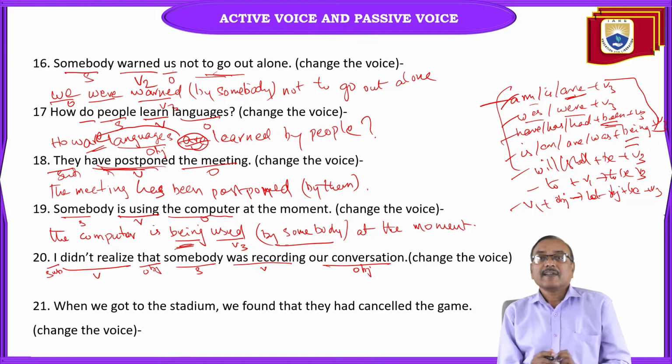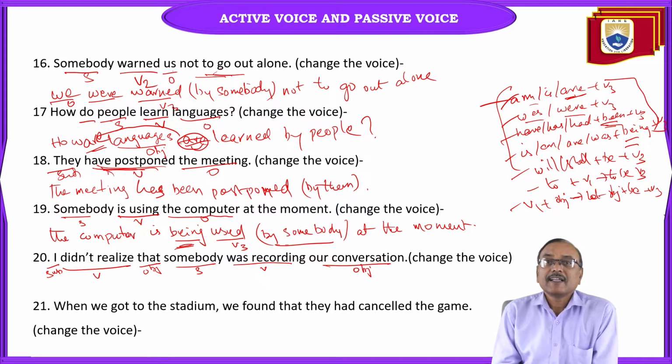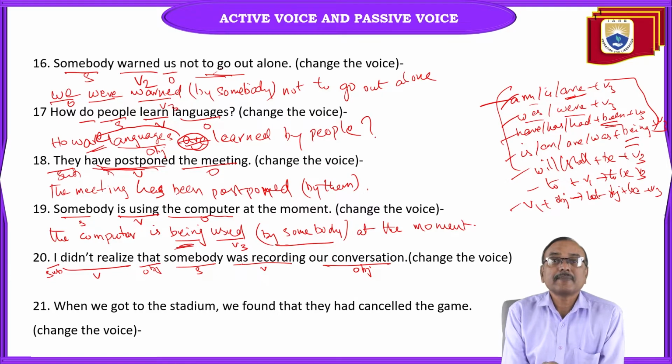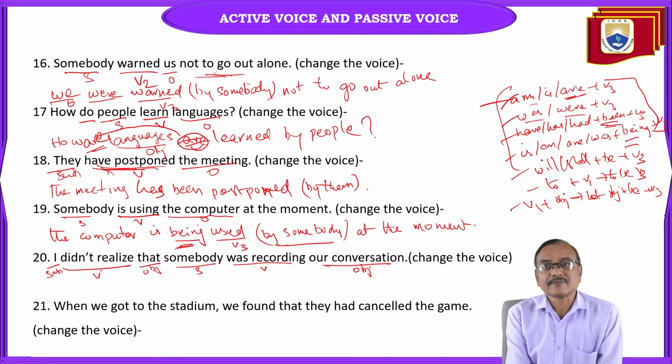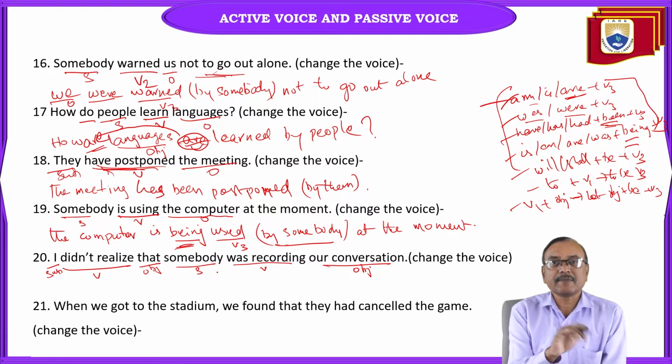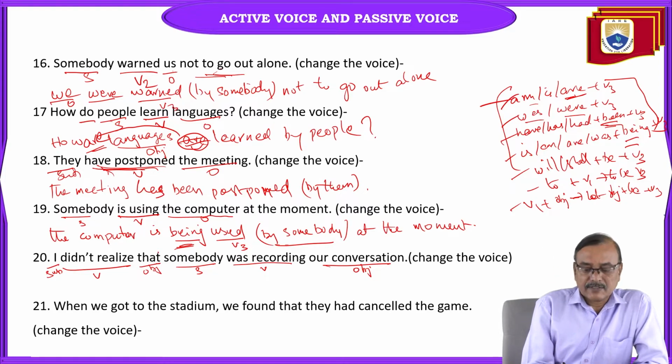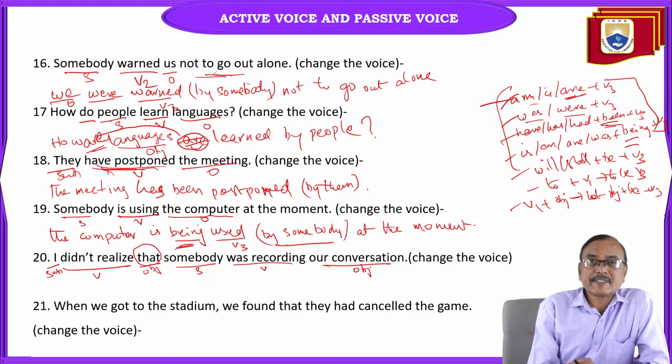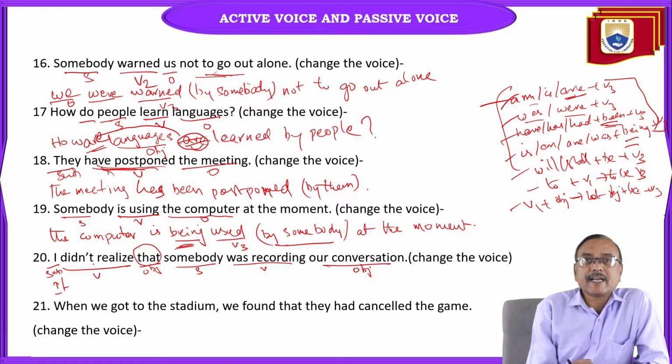So you can change both verbs into passive voice. You have to change twice because didn't realize is a transitive verb, followed by an object, and was recording our conversation, recording is also a transitive verb. So both verbs can be changed into passive voice. First, let us see: I didn't realize that. This that becomes it in this place. Didn't realize is past tense.